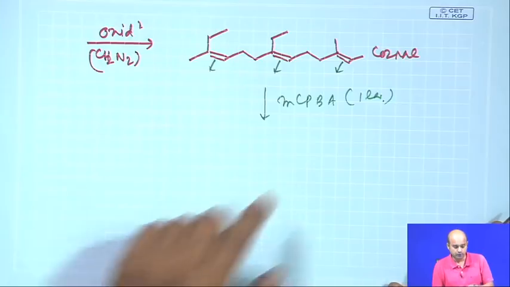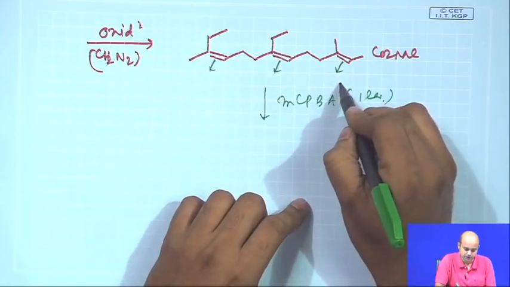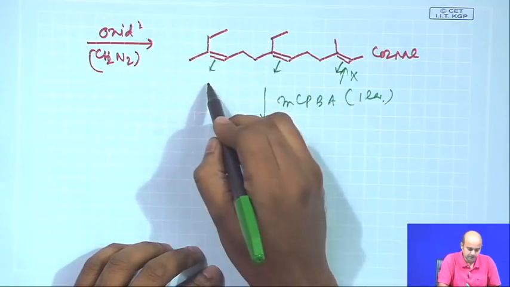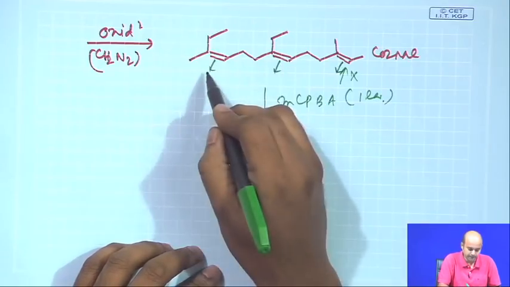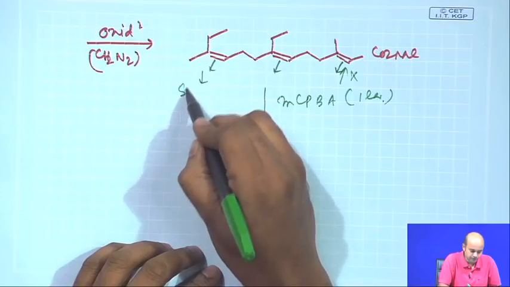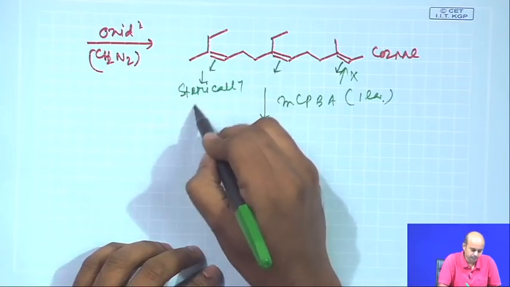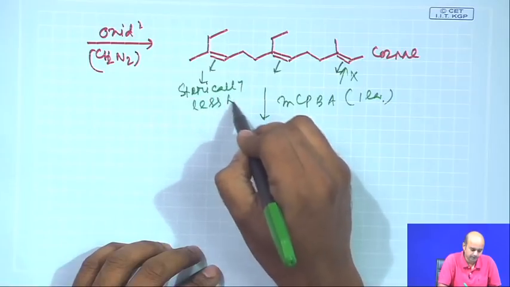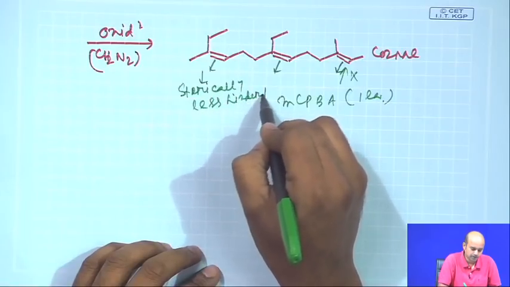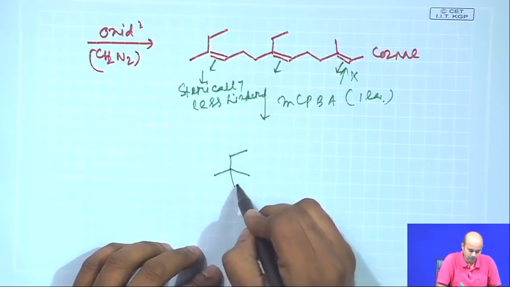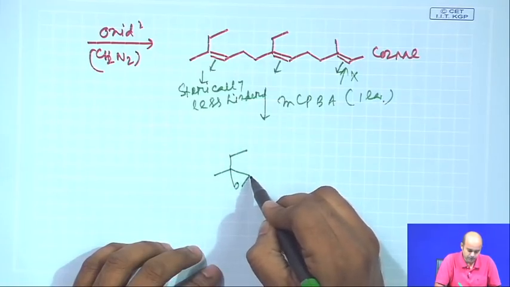MCPBA, as we know, is an electron deficient oxygen. So, it will not touch this double bond, it may touch this, it may touch here, but definitely, as I said, this is sterically less congested, less hindered. So, you can expect that these will now be epoxidized.